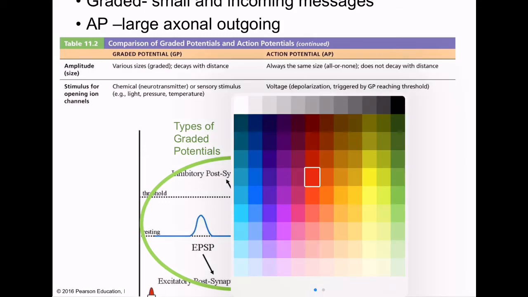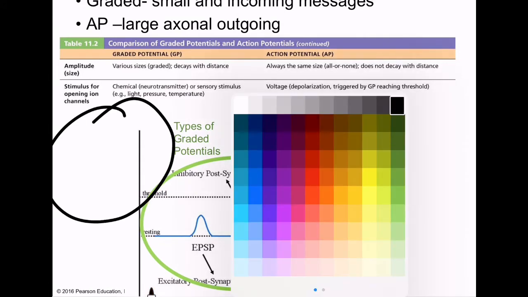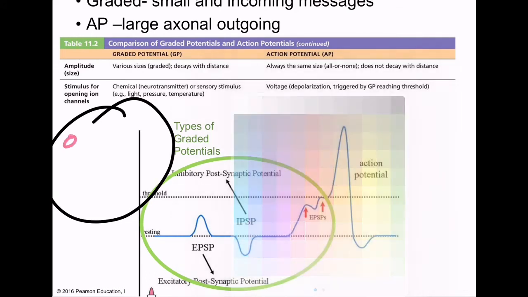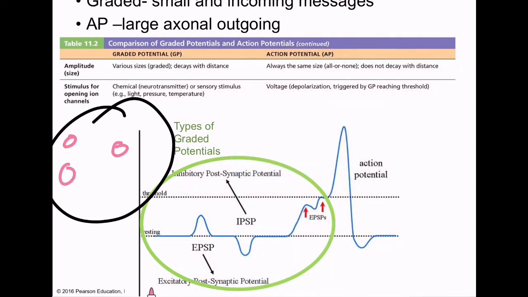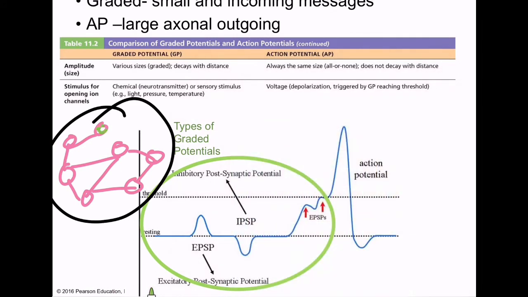Let's say here's your petri dish or your part of the brain, and here's a neuron, and here's a neuron, and another neuron, all over the place, connected in different ways, making networks. Let's say this neuron over here wants to talk to this neuron over here.